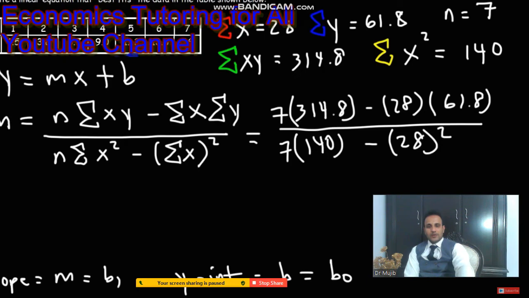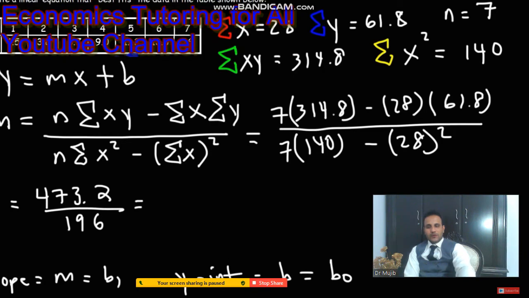After simplifying this term, we get the value of m, the slope, which is equal to 473.2 divided by the calculated value of 196.